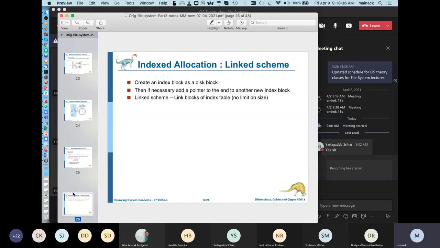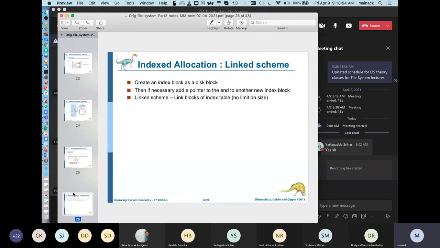So to that end, there are three variants of the indexed allocation to create the index table. The first one is the linked scheme. So what is a linked scheme? Here, an index block is just one disk block, which can be read and written in a single disk operation.